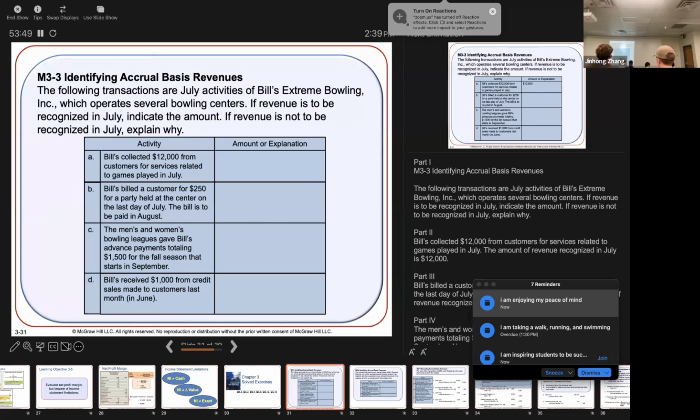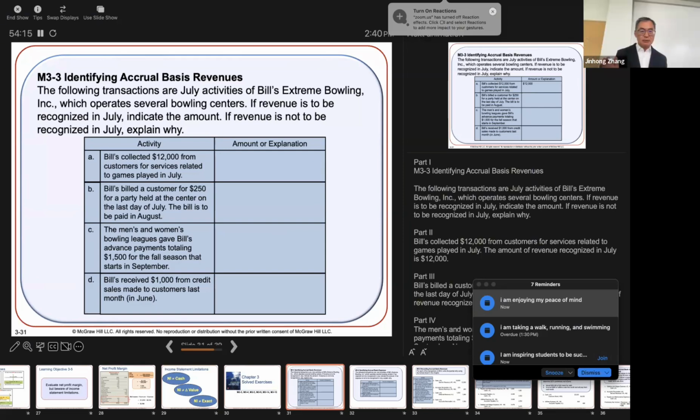First, Bill's collected $12,000 from customers for services related to games played in July. So they already played in July, so that's revenue, right? You book cash $12,000 and the revenue increases $12,000. So that's how you book it.